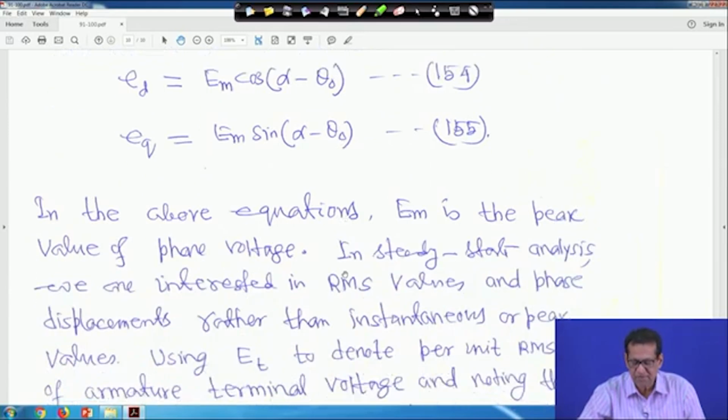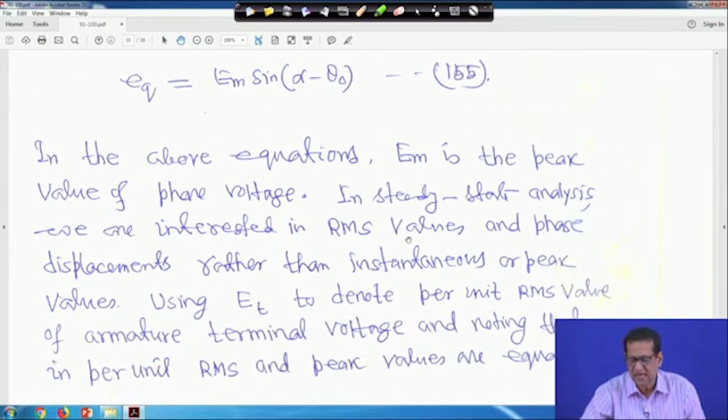So, in the above equations, EM is the peak value of phase voltage, right, and in steady state analysis we are interested in RMS values and phase displacement rather than instantaneous or peak values.